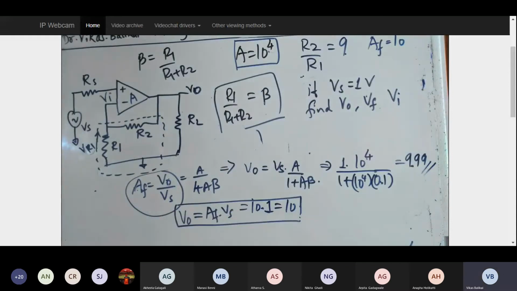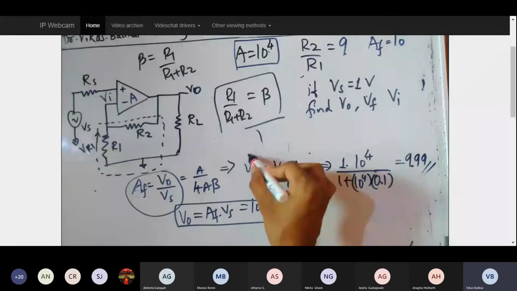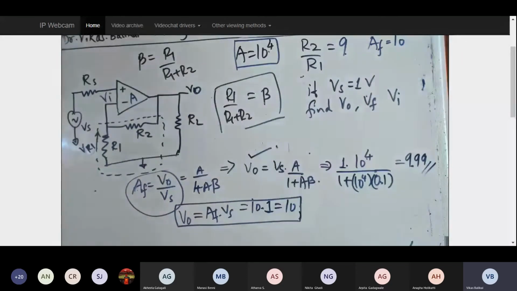So I think there is no difference between solving this way and this way, but I will prefer solving this way. Why? I'll make it clear once I find Vf and Vi. Try to always find V naught for this kind of problem by expressing the entire expression A divided by 1 plus A beta multiplied by Vs, not by taking this point.